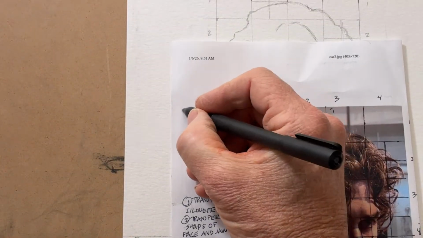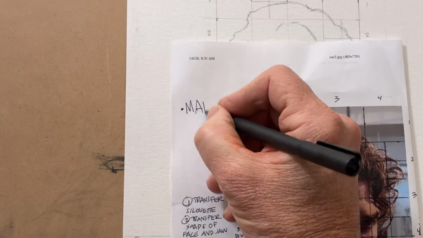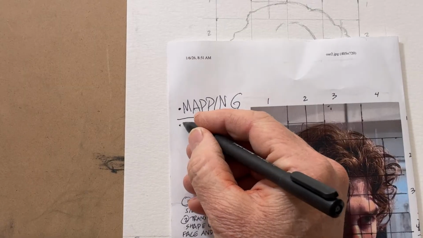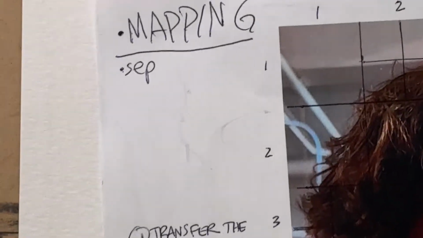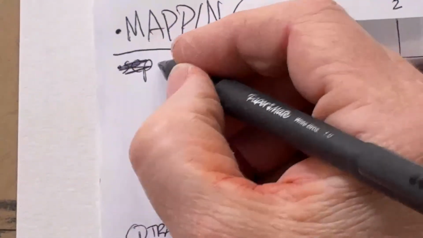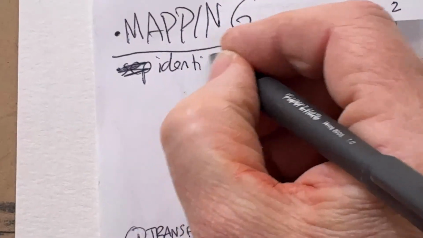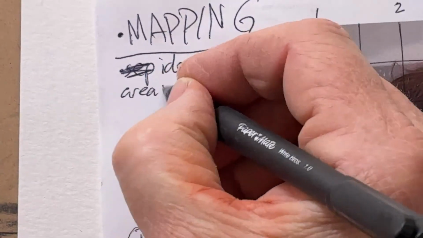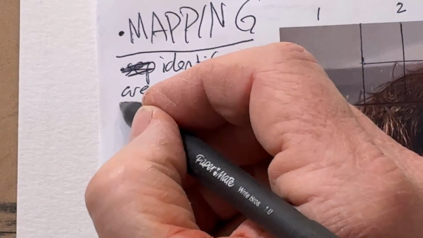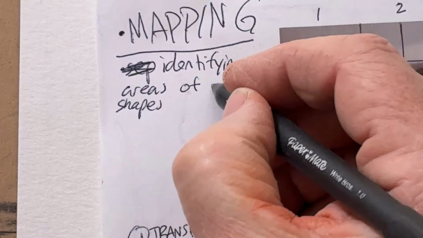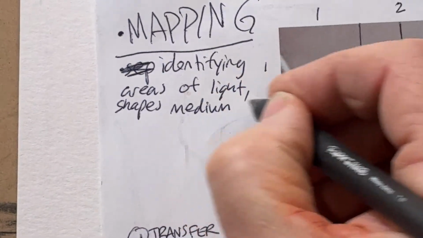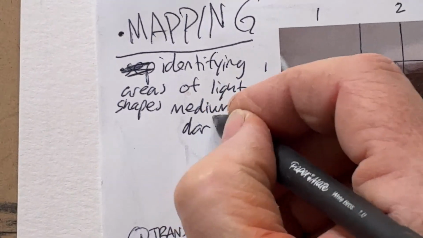Okay, so let's write this down. Mapping, really big. This is an art term. Okay, mapping. And let me zoom in here. Identifying areas, shapes, aka shapes of light, medium, and dark.